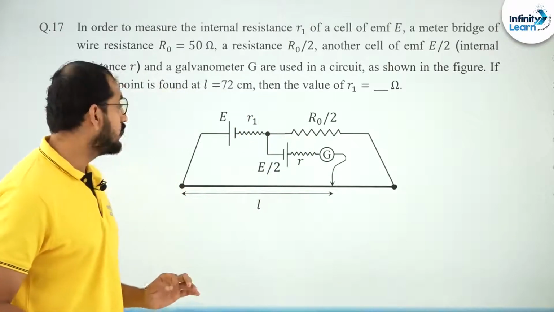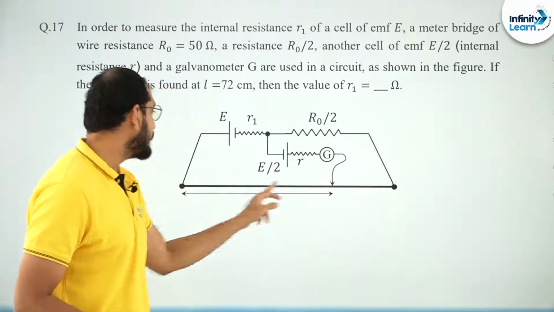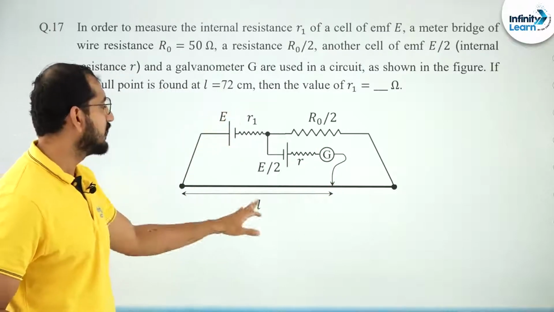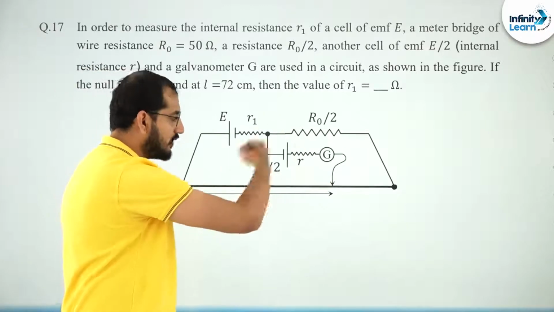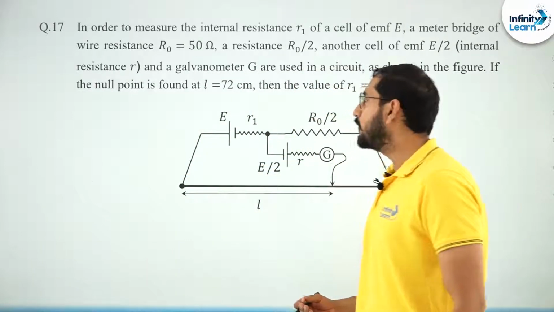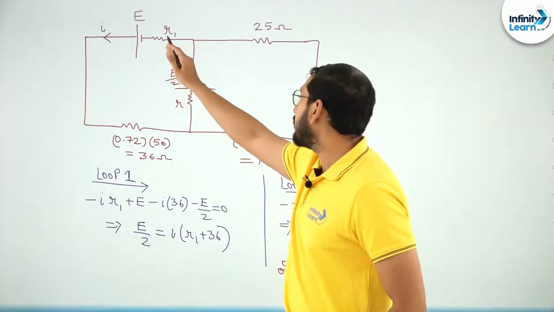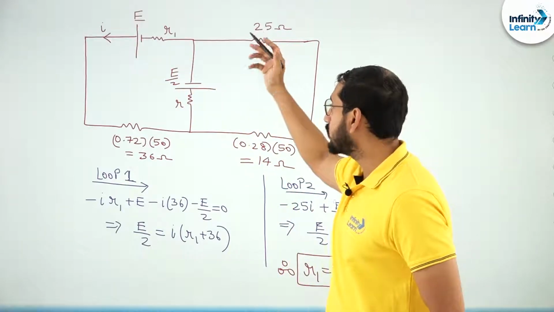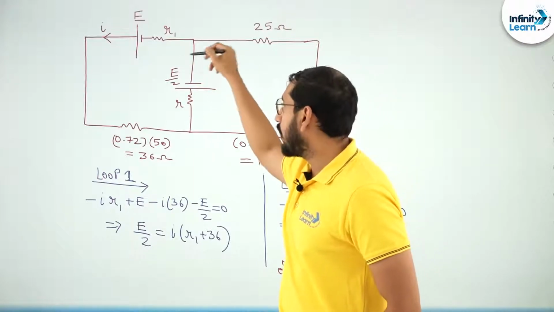One important thing to know is that the galvanometer is showing a null point when this length is equal to 72 centimeter, right? My next step is to try to draw an equivalent circuit diagram for this one. The same battery and resistance R1 I have applied here, 25 ohm given in the question, and this is the galvanometer branch and no current is allowed through this branch.